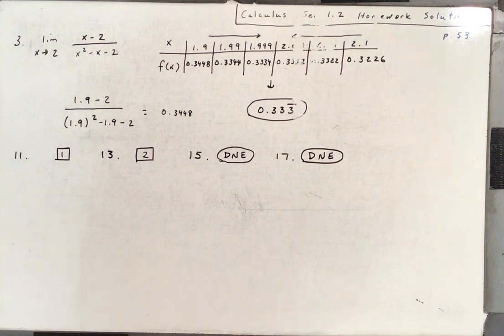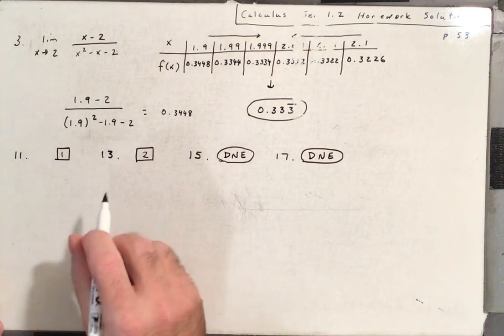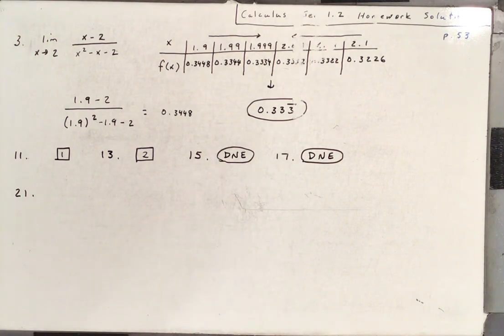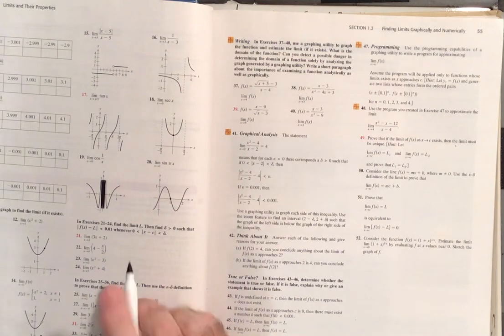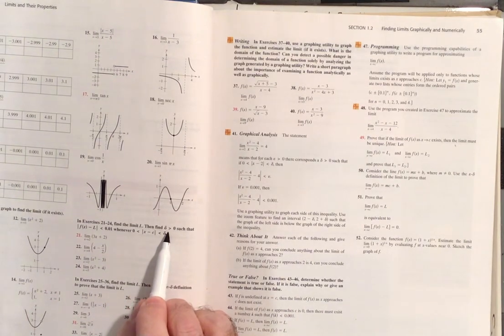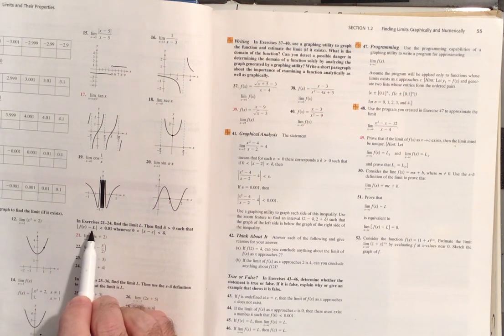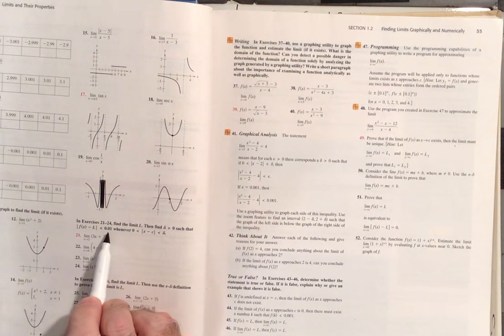Okay, great. Next one is number 21. This is an epsilon-delta problem. Number 21 says find the limit L and then the delta greater than 0 such that the absolute value of f of x minus L is less than 0.01. So 0.01 is your epsilon.